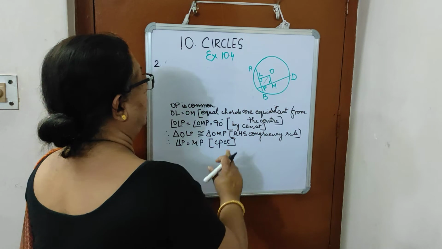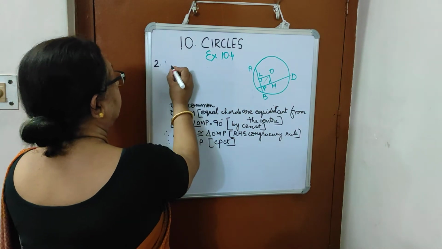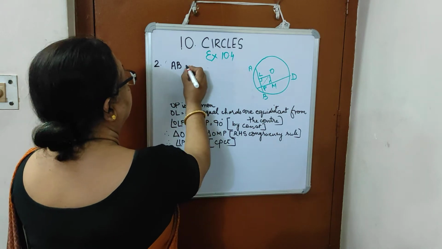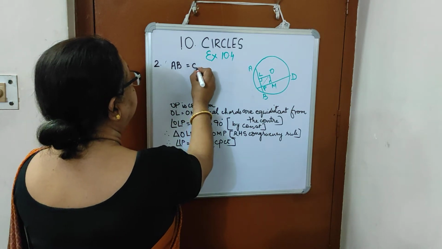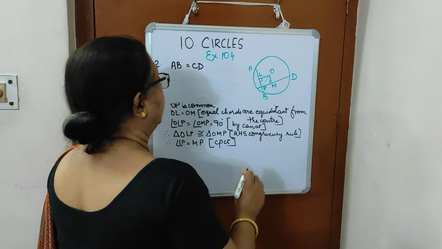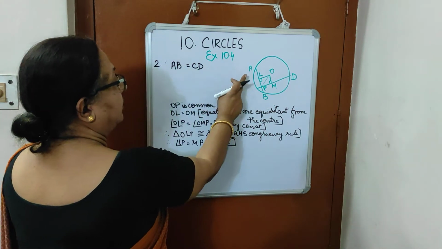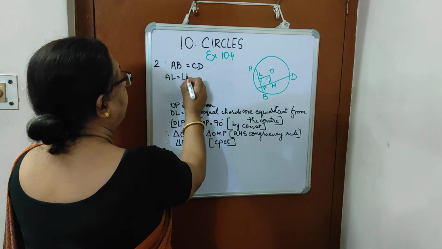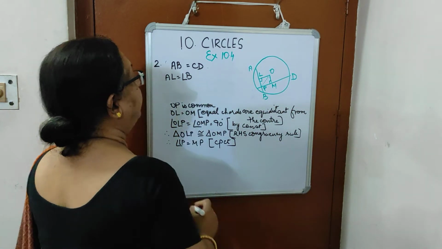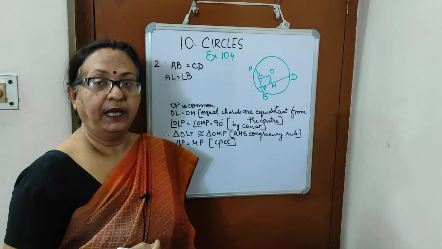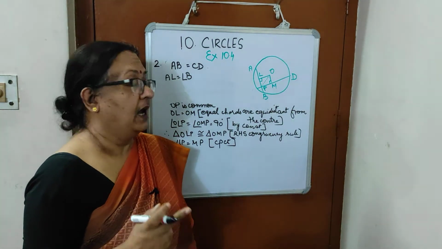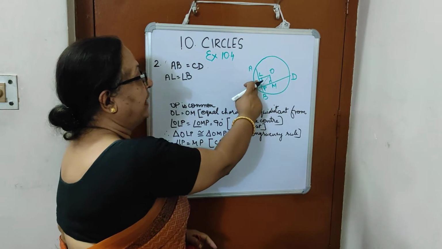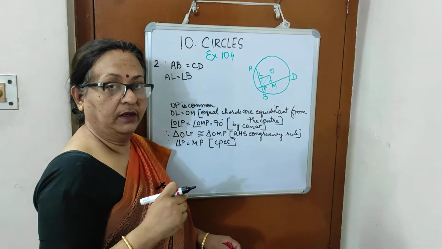Now, we have AB equal to CD. This is given to us. Now, for AB, can we write AL equal to LB? Can we write this? Yes. Why? Again, we have studied, children, the perpendicular from the center to a chord bisects the chord, isn't it?